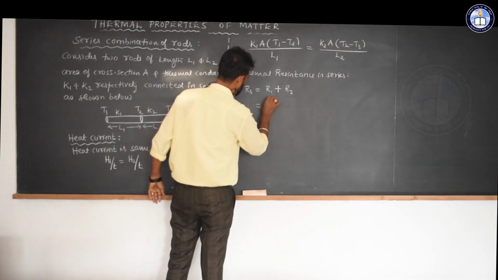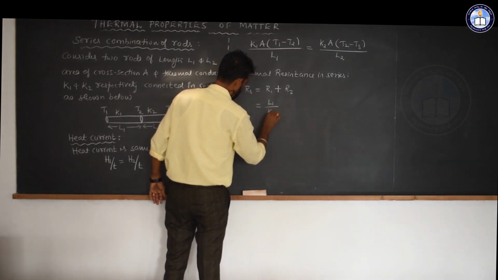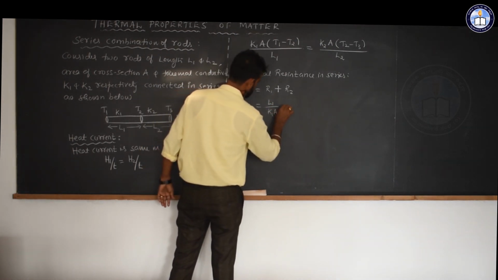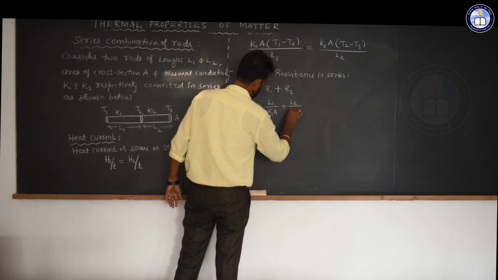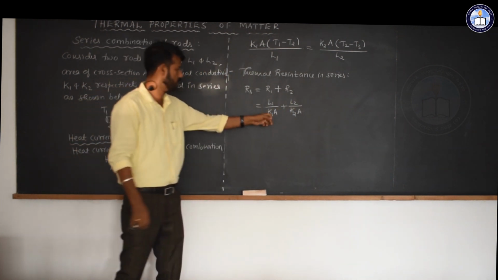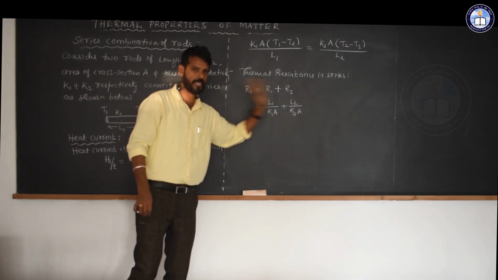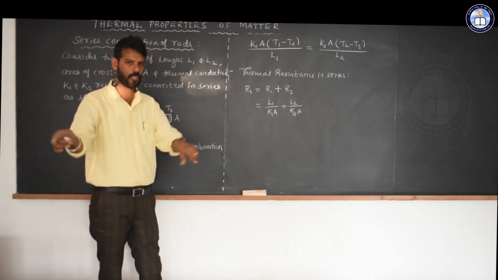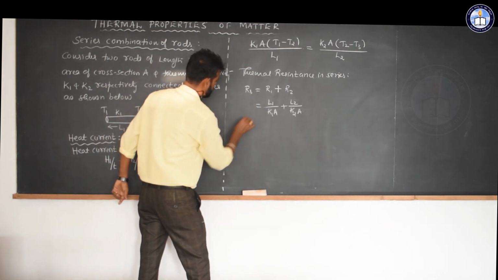Therefore, L1 by K1A plus L2 by K2A. Since we took the area of cross section as the same, we have K1A, K2A. If they are different, then we write A1, A2. This is the thermal resistance.